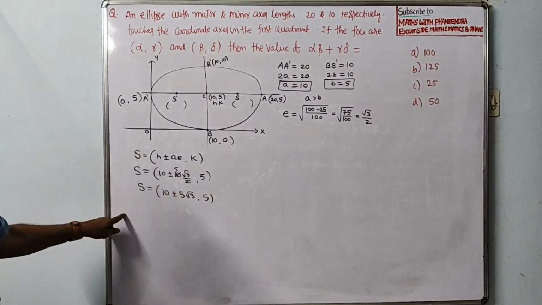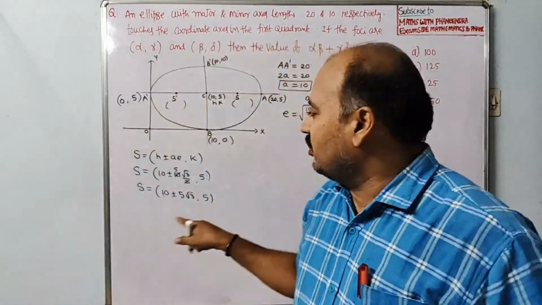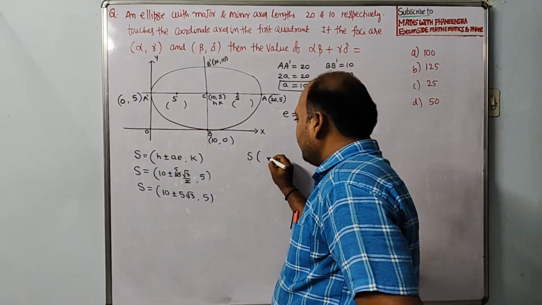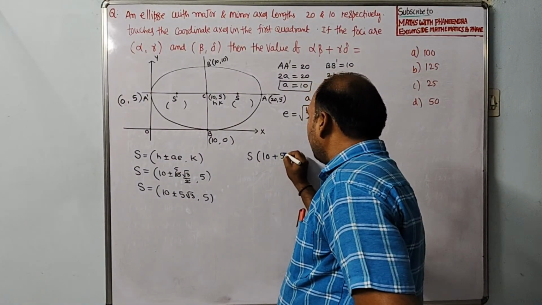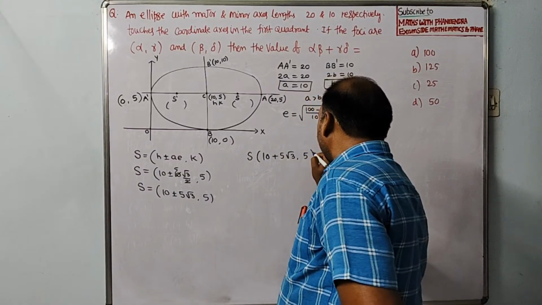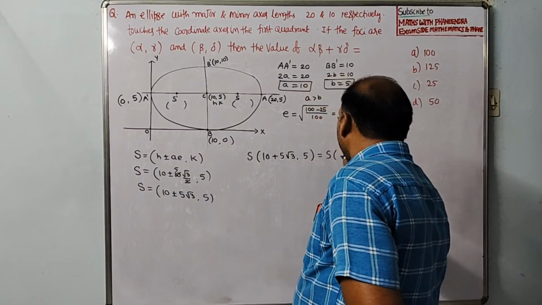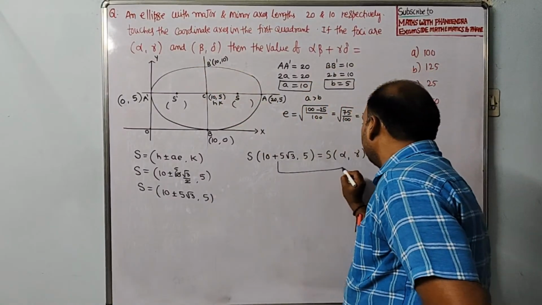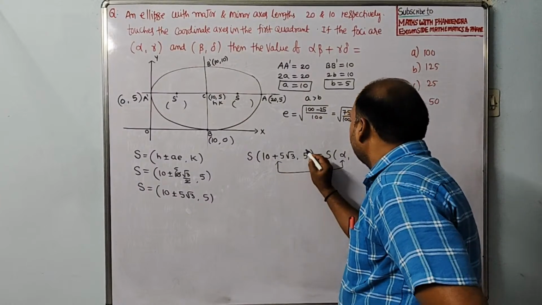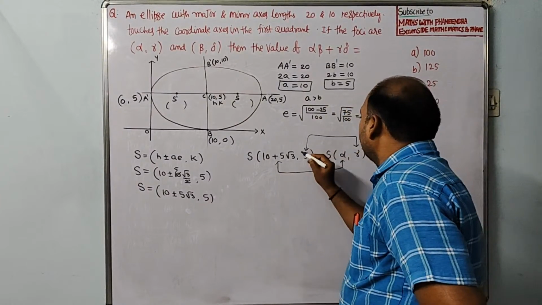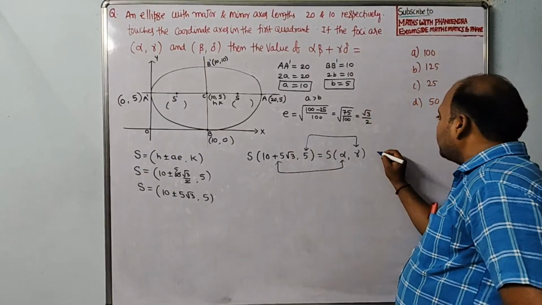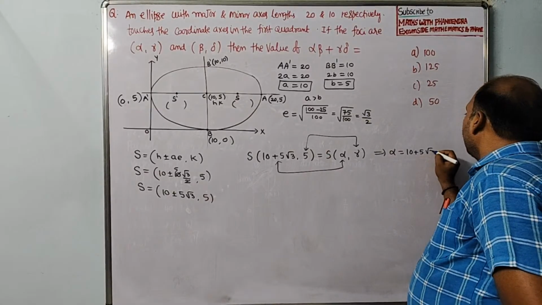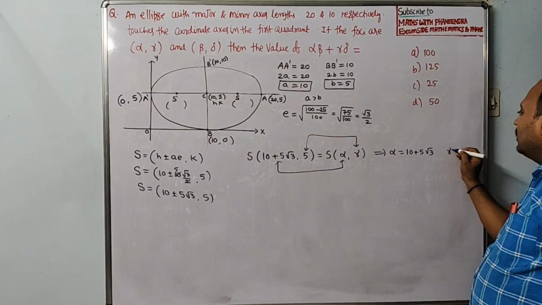Foci coordinates we got it. S and S dash both are there. So one is S (10 plus 5 root 3, 5). This is regarding alpha, gamma. So that implies alpha equal to 10 plus 5 root 3 and gamma equal to 5.